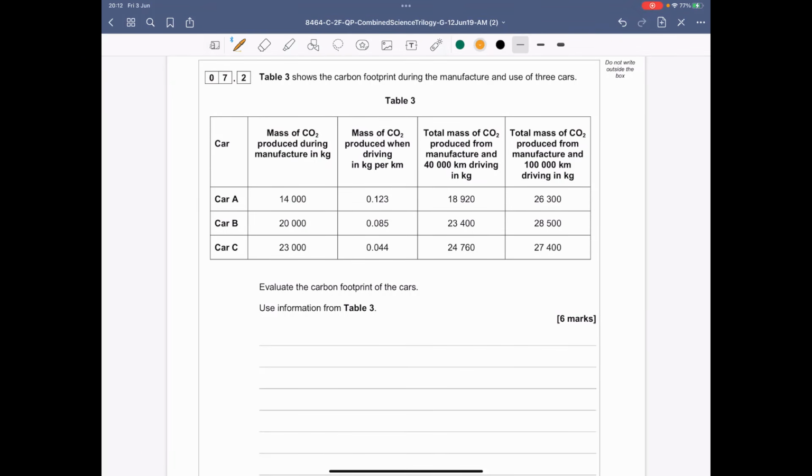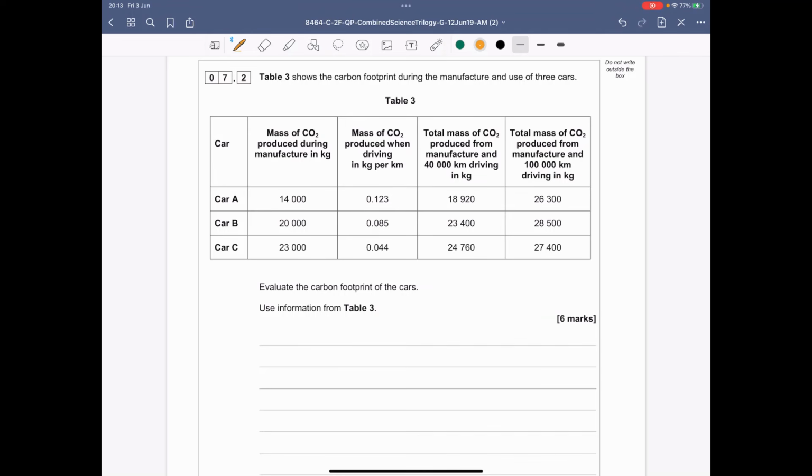Question 7.2 then. Table 3 shows the carbon footprint during the manufacture and use of 3 cars. It says, evaluate the carbon footprint of the cars, use information in Table 3.